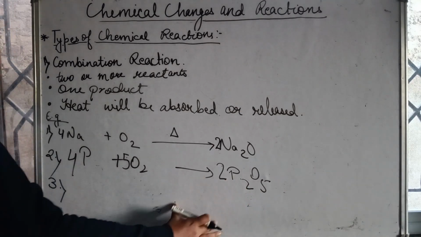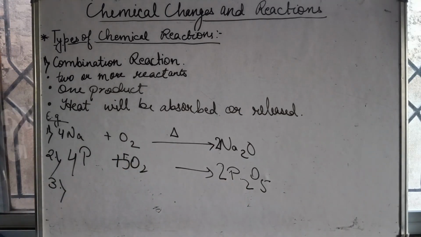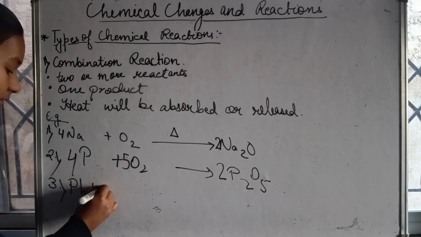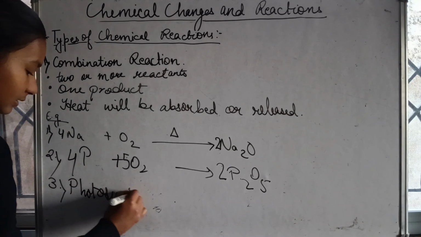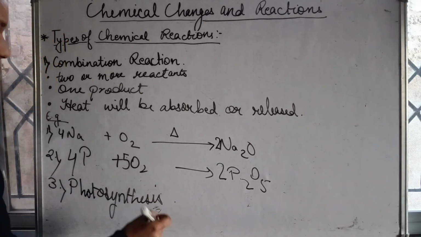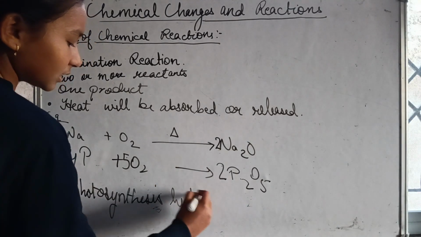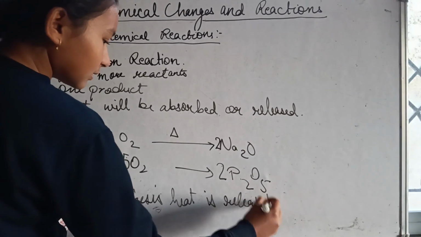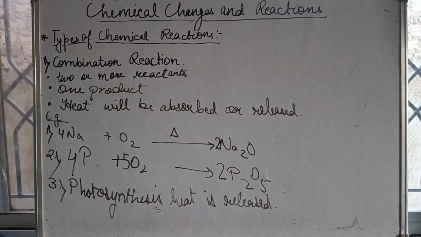Glucose is one form and the rest are gases. In photosynthesis, heat is released. So this is the combination reaction.